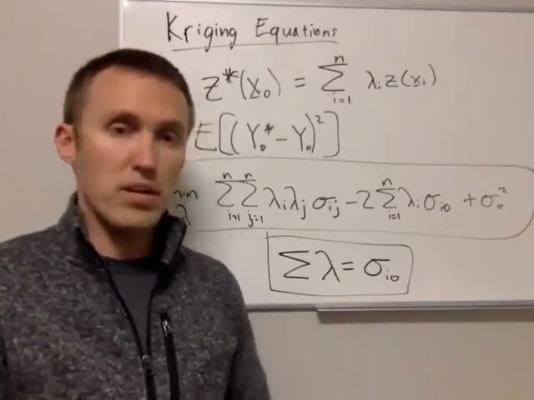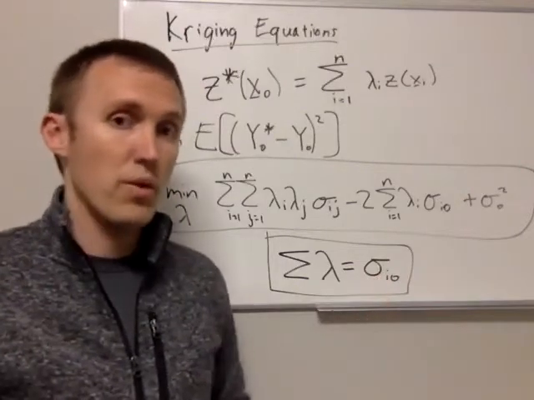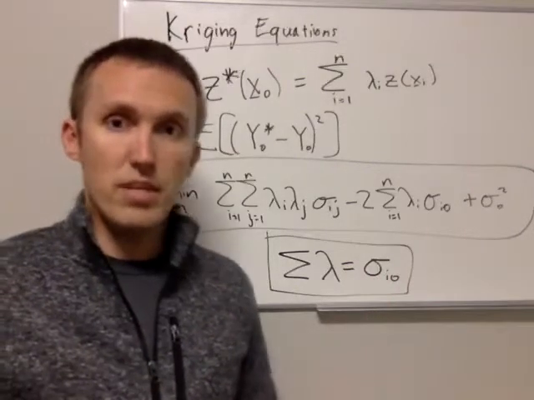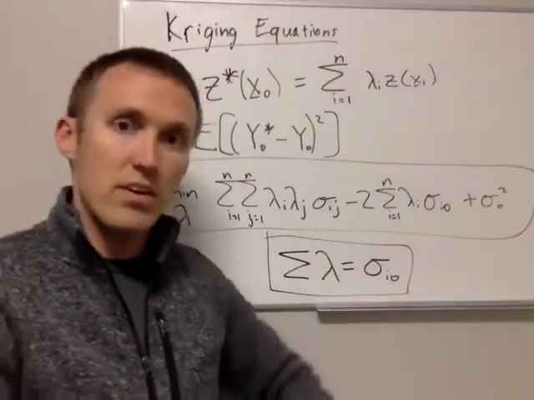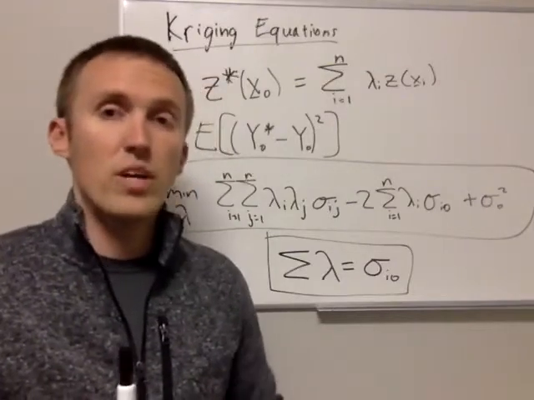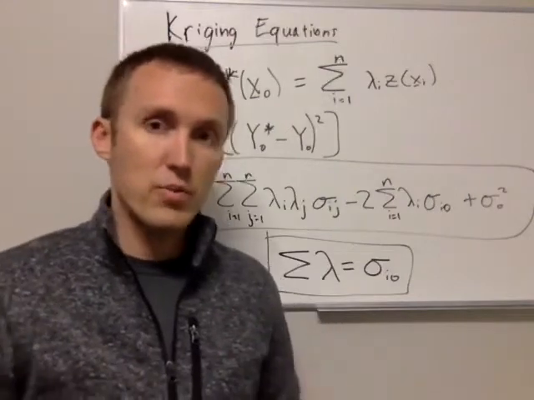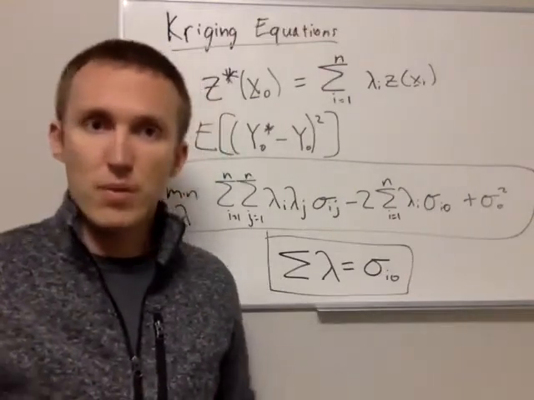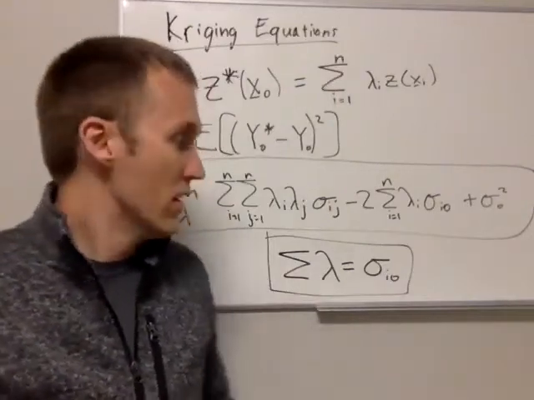If we extrapolate beyond our data, these covariances go down to 0, and so what we end up with is just an estimate of the mean, which in this case is 0, so we just end up with an estimate of 0. When we do the more general case where we can solve for an unknown mean, what will happen is, as we get very far away from our data, the Kriging estimate will just go to the mean.